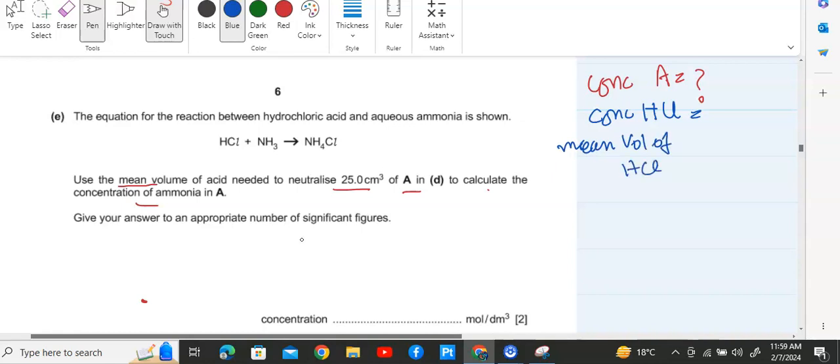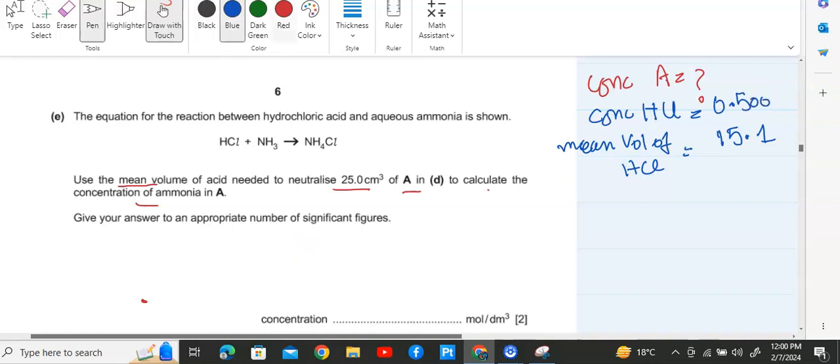You are provided with the mean volume of HCl, which for A is 15.1, and the concentration of HCl is 0.500 mole per dm cube.